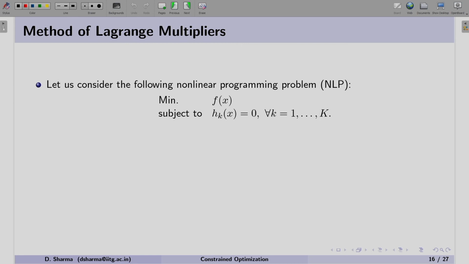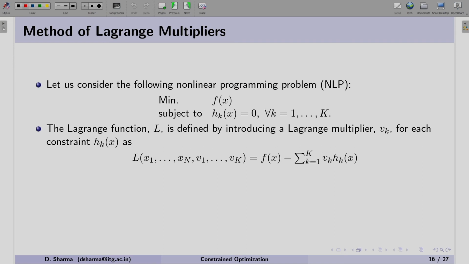Let us consider the following nonlinear programming problem, NLP. In this case, we want to minimize the function f(x). It is again a multivariable function, and this objective function is subject to an equality constraint, defined as hk of x equals 0. We are taking a simple case right now, and we can have multiple such equality constraints.